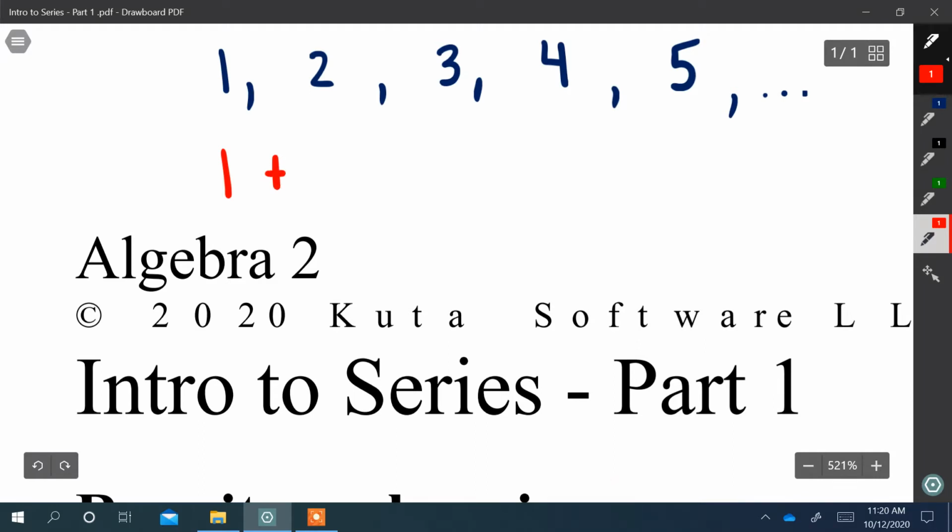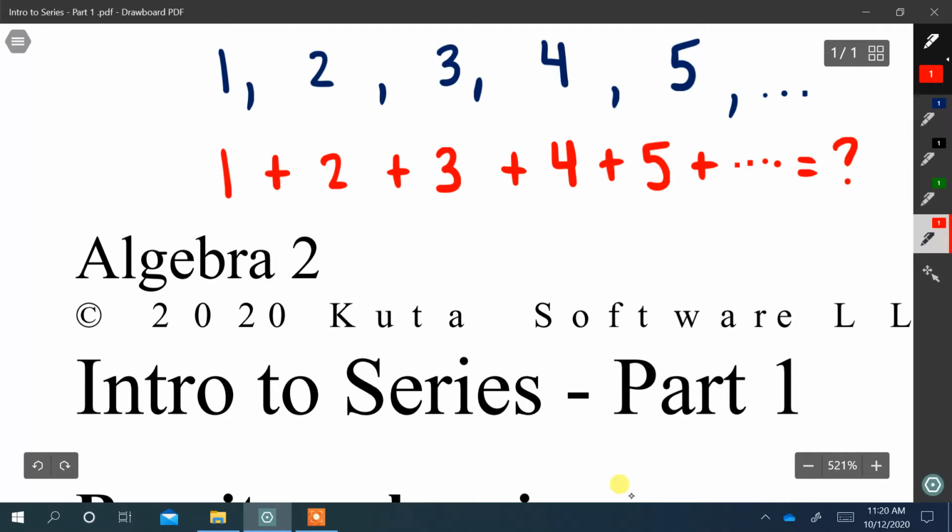In a series, you're actually adding all those numbers together, and you usually get a number. You usually stop at a certain point. Let's just say this stops at 6. Then a series will actually evaluate and add all those numbers together, and it will give you a final number. Okay, and that's what a series is.